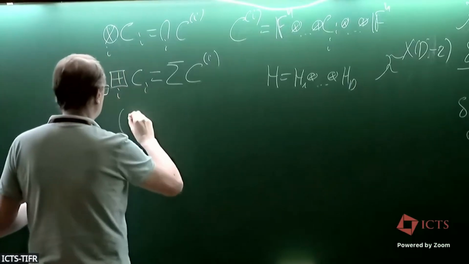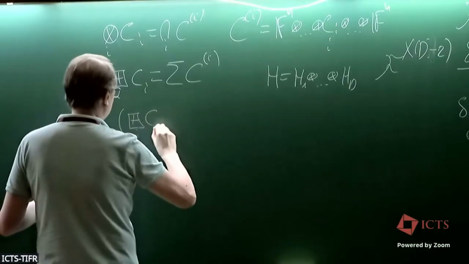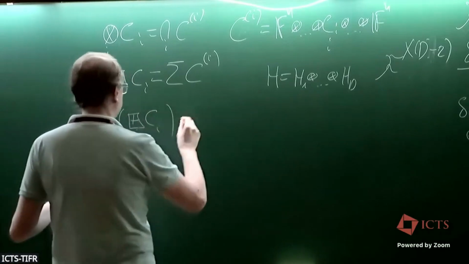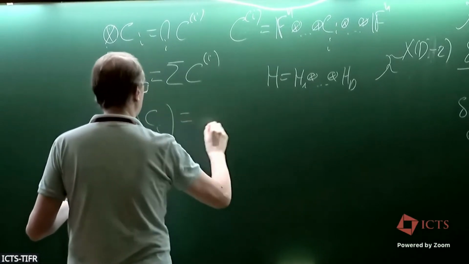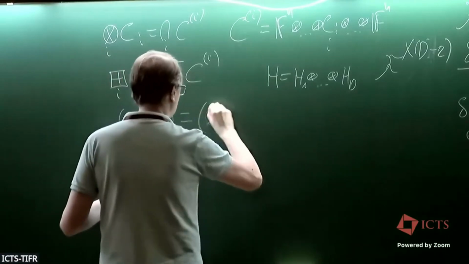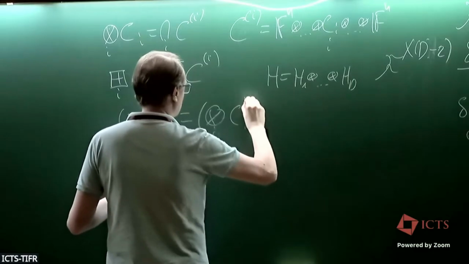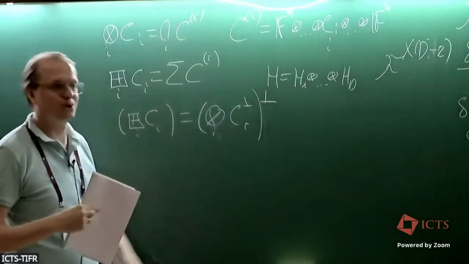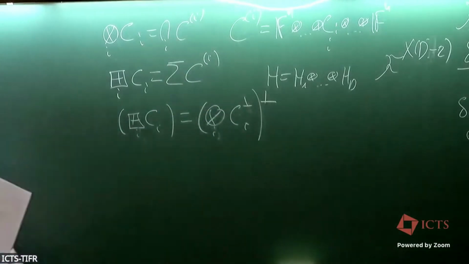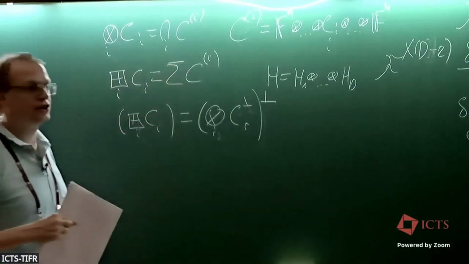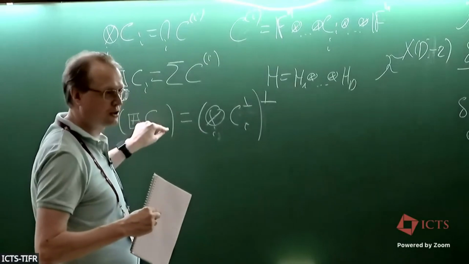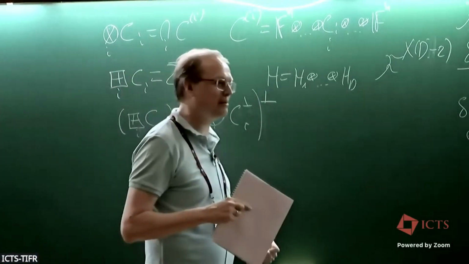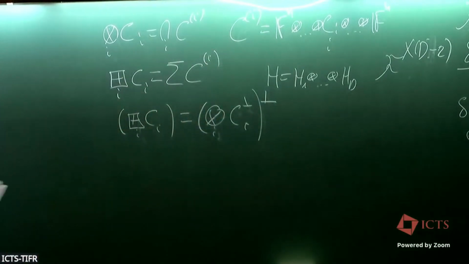You can show, and this is quite easy, and it is also one of the ways to define this thing, that it is equal to the dual of the tensor product of the dual codes. So it's like a dual object. By the way, from the sheaf theory point of view, this is what is called a co-sheaf, and this is a co-sheaf code. I will not talk about this because I don't have enough time, but the proper name would be co-sheaf.